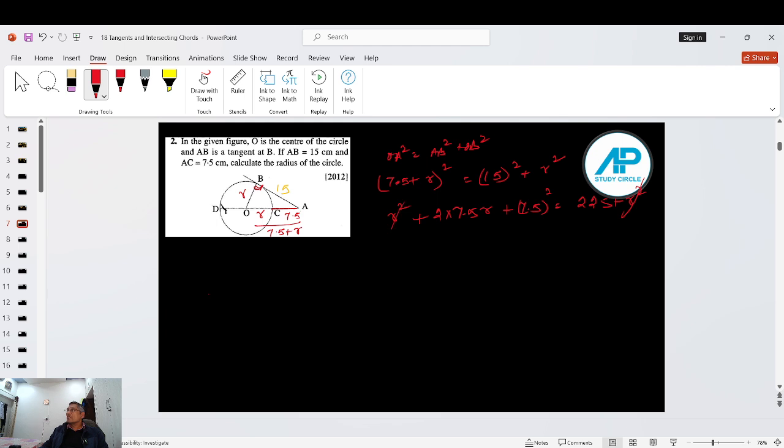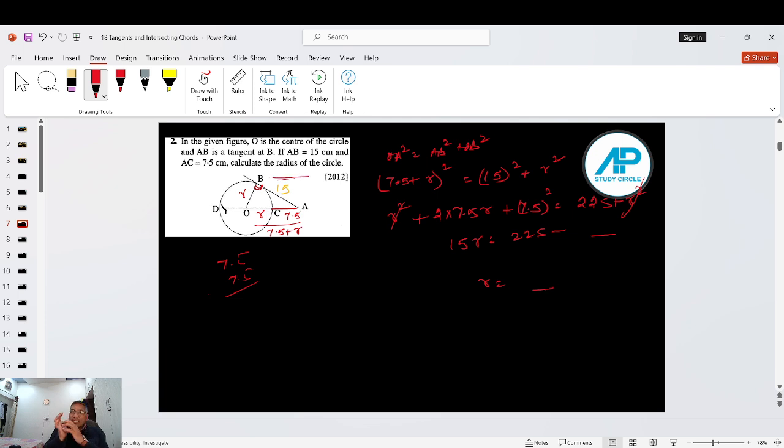I can see that R square is cancelled. 15R equals 225 minus, please find the square of 7.5 and put that here. I'm not solving it further. I don't want to waste time on calculation. That gives the value of R from here. That is what they are asking from us.